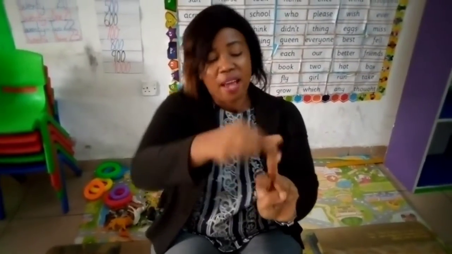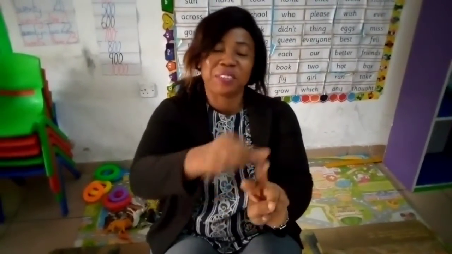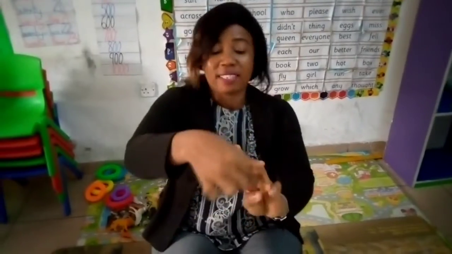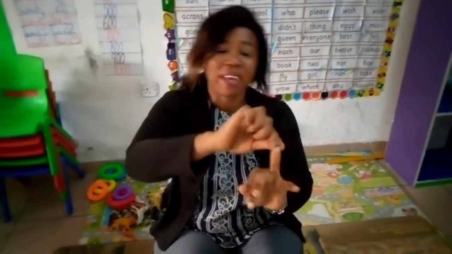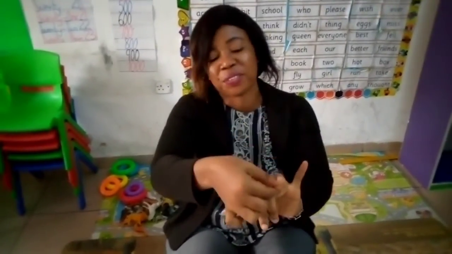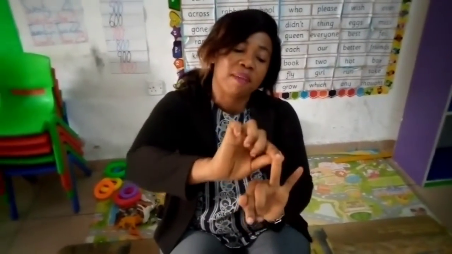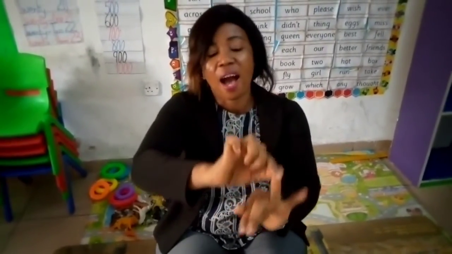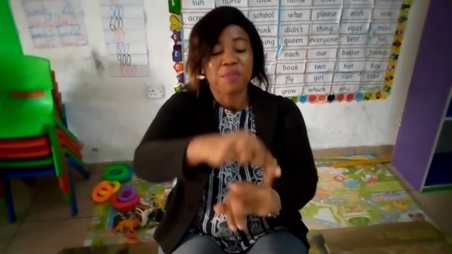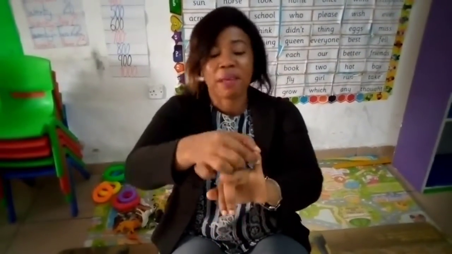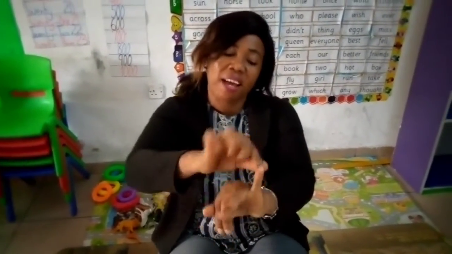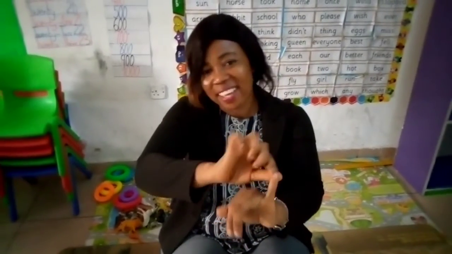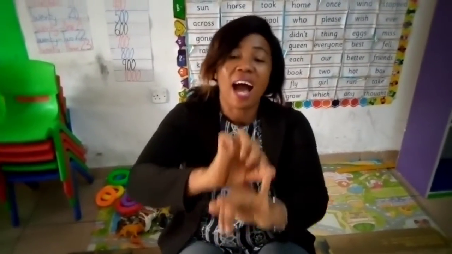Here I am, how do you do? Sister finger, where are you? Here I am, how do you do? Baby finger, where are you? Here I am, how do you do?